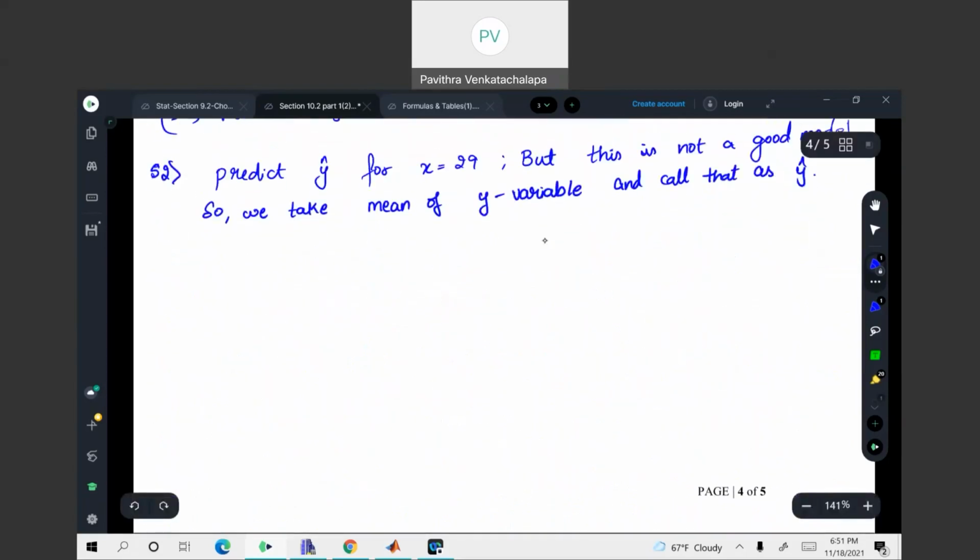So you can do that in your calculator. Y cap will be equal to 175.3. I am adding all the values present in y, which is height: 175.3.